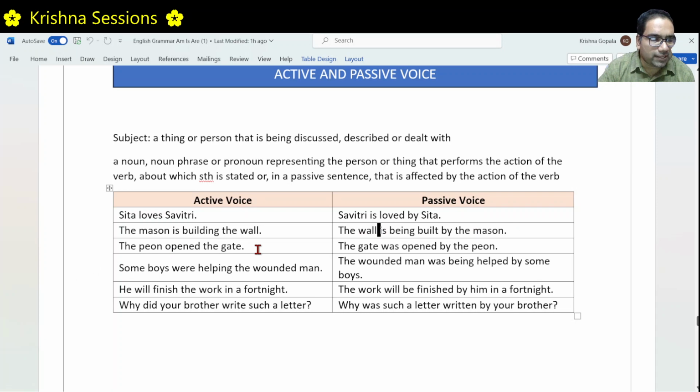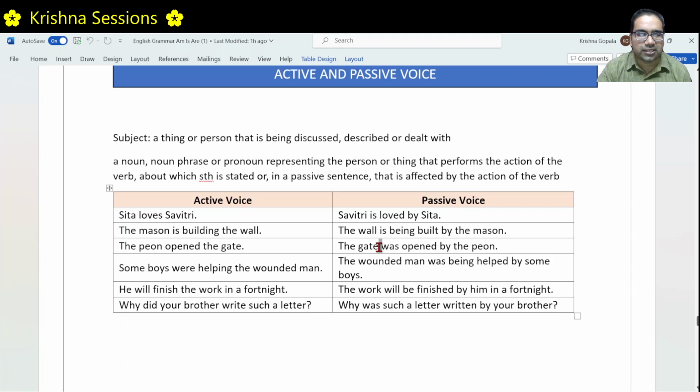The peon opened the gate. In this statement, the discussion is about the peon. That's why the peon is the subject. He opened the gate. The gate is the object. There are a lot of people, but probably the peon only opened it. The gate was opened by the peon. Here the discussion is about the gate. Who opened it is not of that much importance.